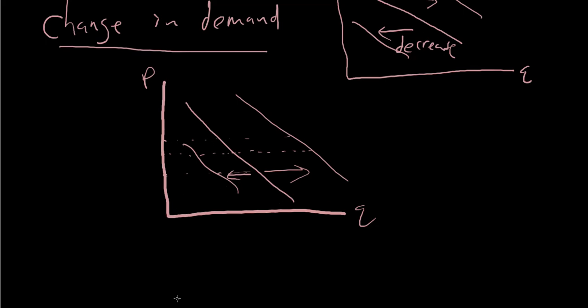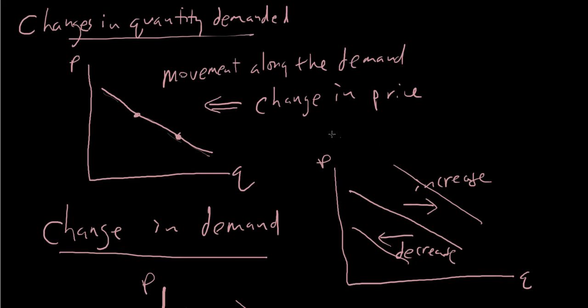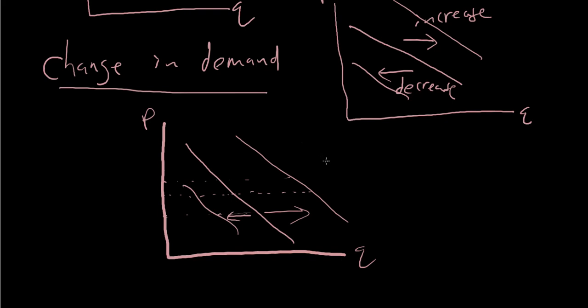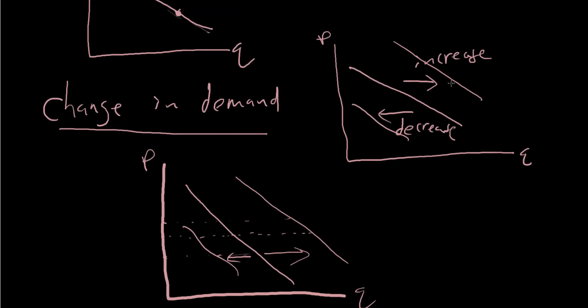Okay. Now, we said that if there is a change in its own price, then there are going to be changes in quantity demanded. Now, let's talk about what causes the changes in demand. That is, what causes the entire demand curve to shift either to the right or to the left, right?